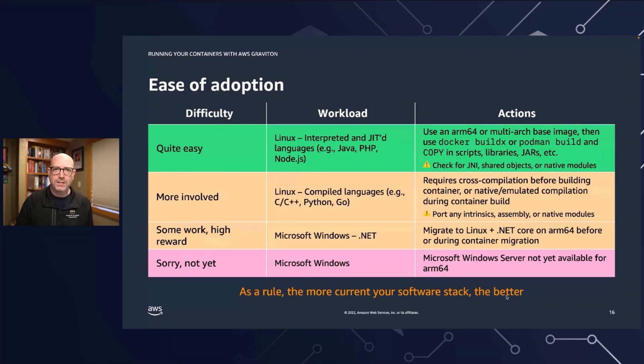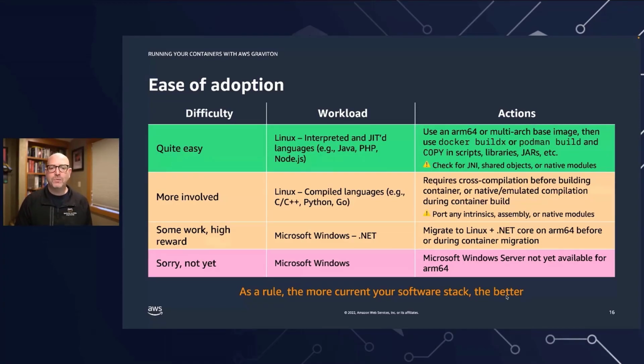This is typically a very easy process. And the same is true for pure Java. In many cases, for pure Java that does not have any native dependencies or rely on JNI, you can build your jar on x86 and copy that jar into your Docker image while building it, and it will run on Graviton just fine.